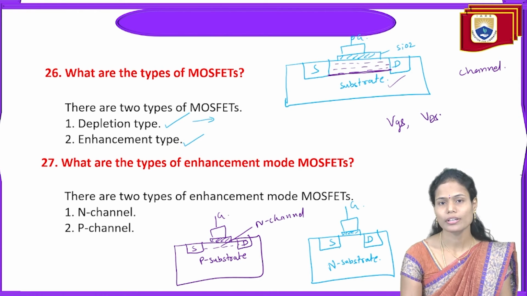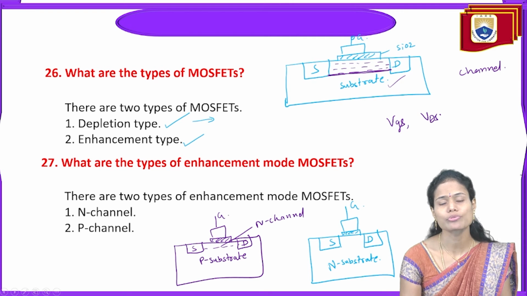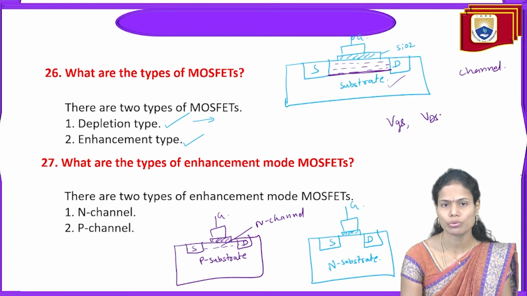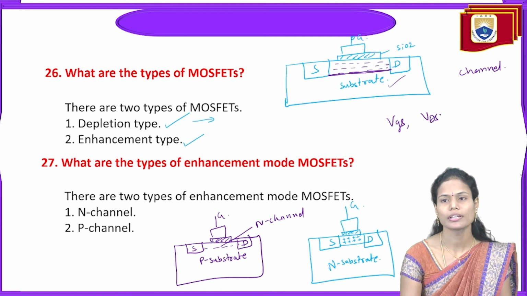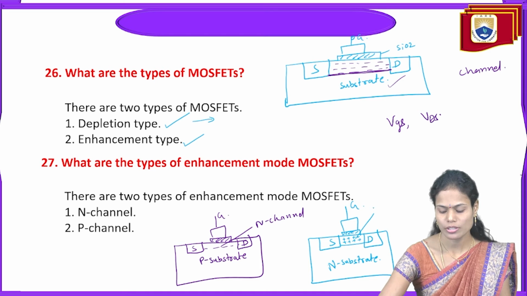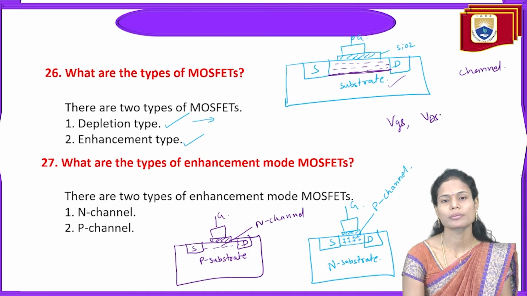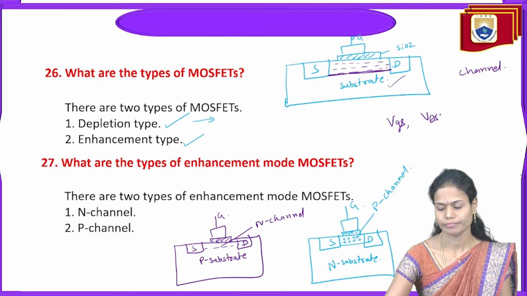So in this particular case, because of the application of the gate to source voltage as well as drain to source voltage, there is a movement of charge carriers. That is nothing but the holes will accumulate between the source and drain terminals. So this is the P channel. So because of this reason, it is the P channel as well as N channel E MOSFETs.